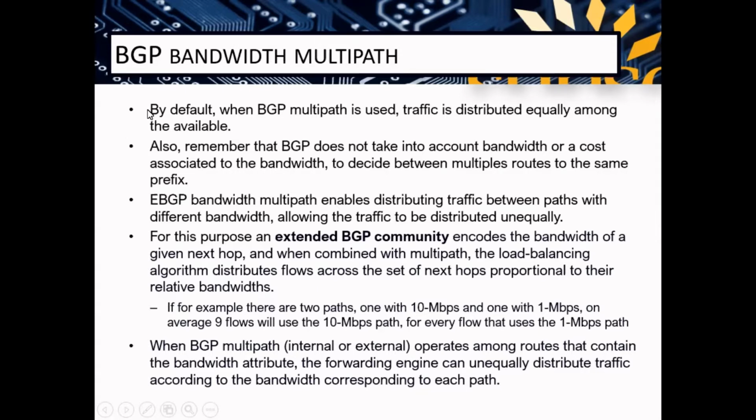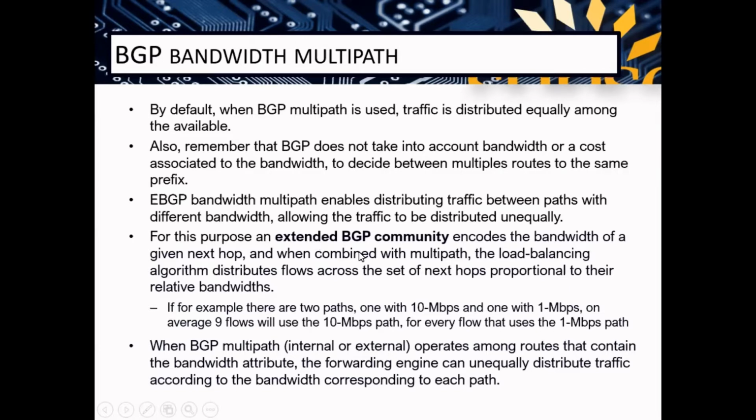So I can use this feature, BGP bandwidth multipath, which enables distribution of traffic between paths with different bandwidth. Now, in order to make this happen, the routes are going to be tagged with an extended BGP community, a bandwidth community, which encodes the bandwidth of a given next hop.